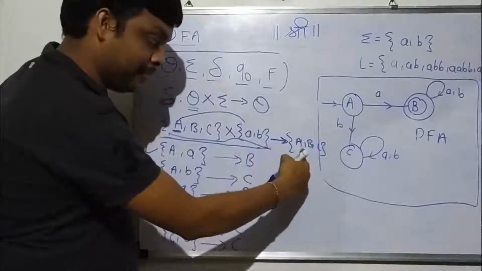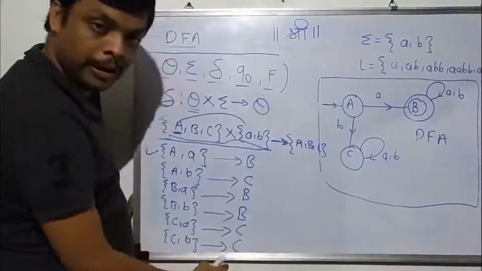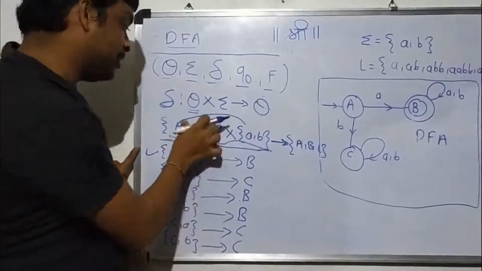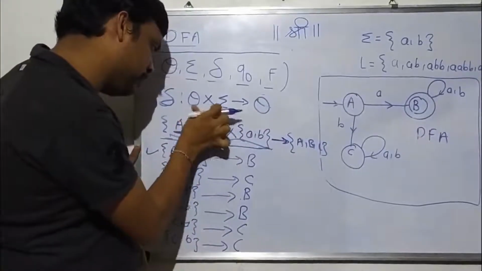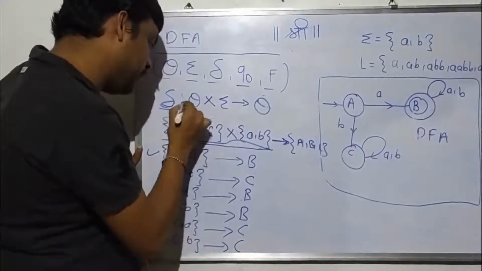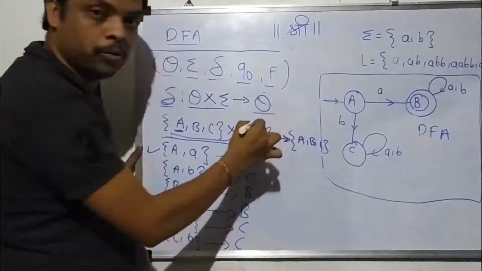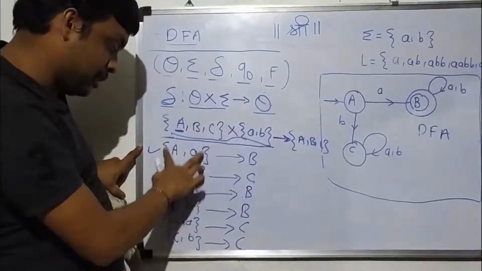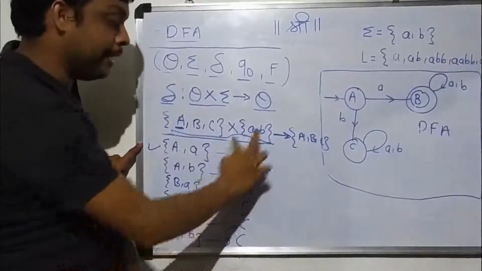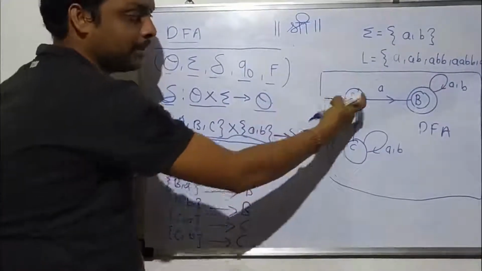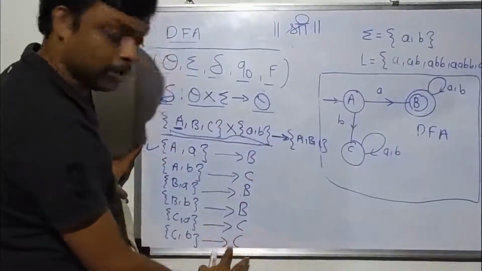And the right side will be any one value. So how do we elaborate this point? Transition function delta is a function from Q cross sigma to Q. Q cross sigma means this column, and the next Q means any state, so this column.